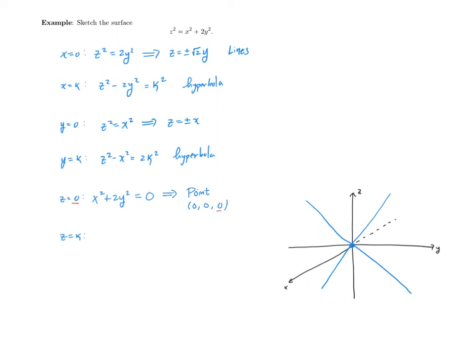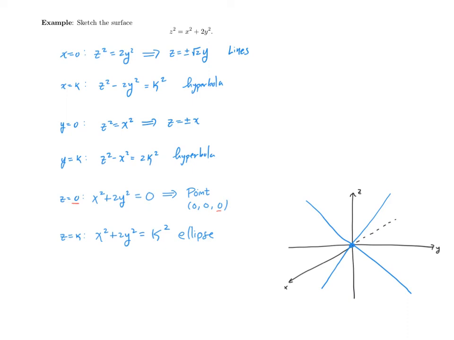Now when z is equal to k, we have x squared plus 2y squared is equal to k squared. And this is familiar. This is an ellipse. And note there's actually no restrictions on the k value here because the left-hand side is non-negative, as is the right-hand side. And let's kind of picture a few of these traces.